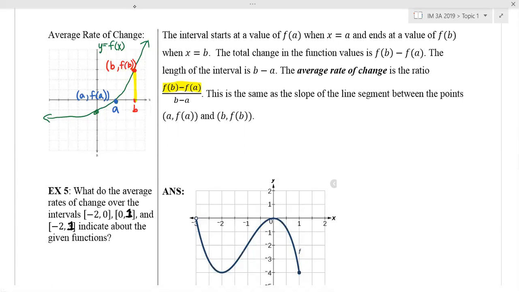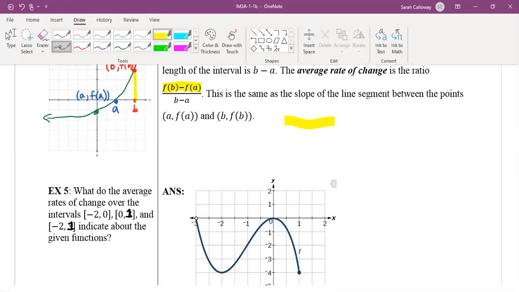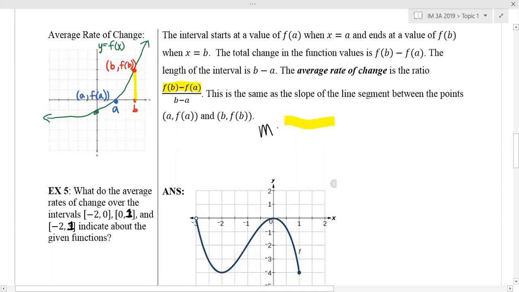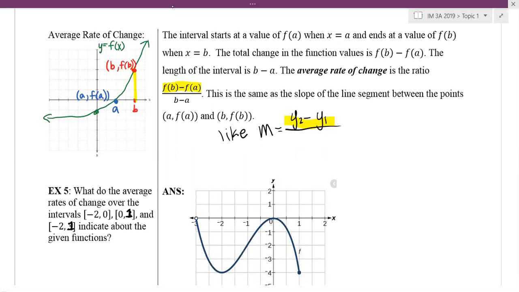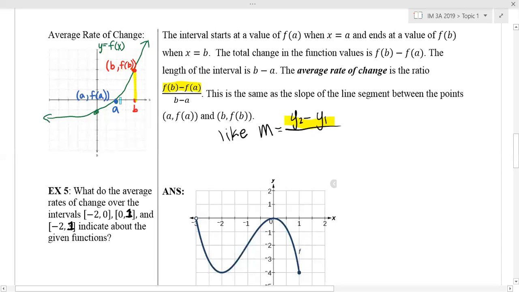If you think about it as what you've learned from the slope formula of a line, that's like our y2 minus y1 portion from the slope formula. And then the horizontal distance between A and B is the denominator.